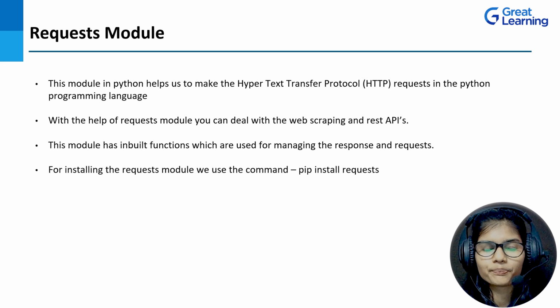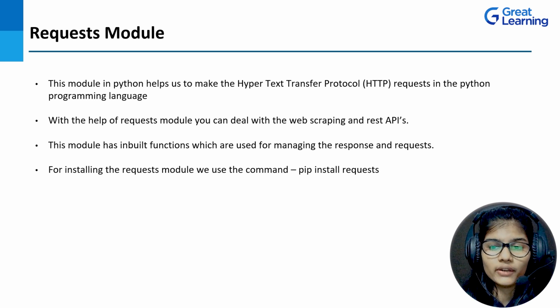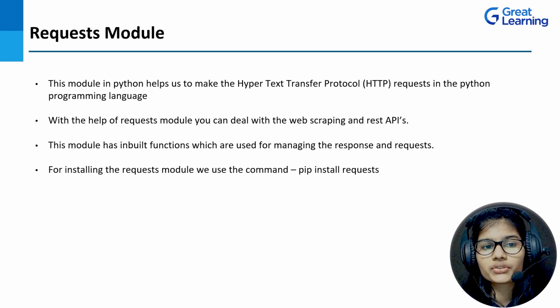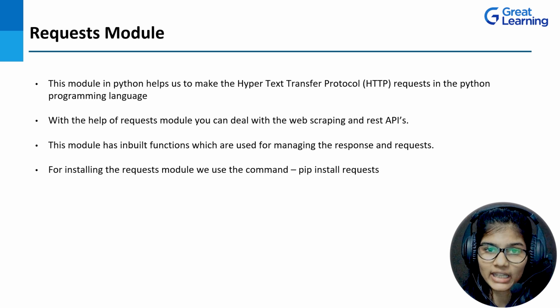Okay. So I hope I'm very clear with the request module, what it is and what it is used for. I would go over this once again: this particular module is used for making hypertext transfer protocol requests in the Python programming language. Secondly, with the help of this module, we can deal with web scraping and REST APIs.